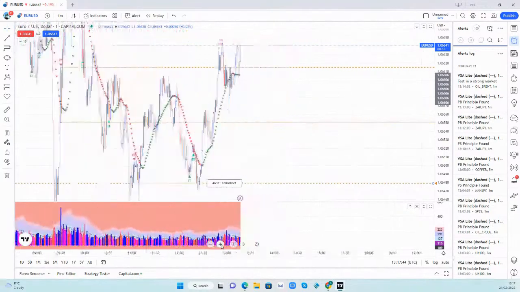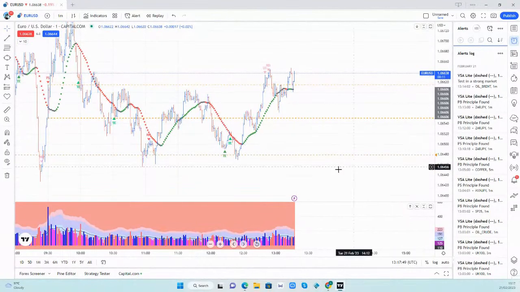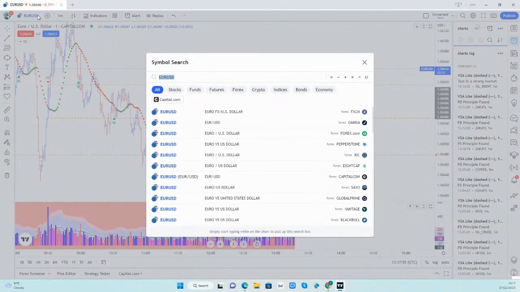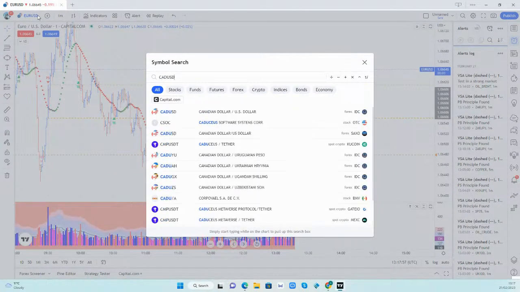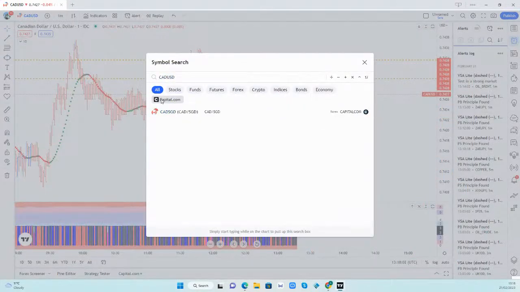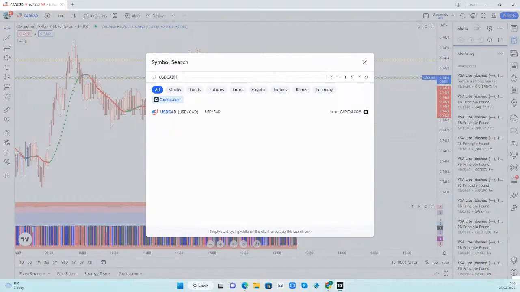You see, I'm not happy to go ahead and trade this short yet. So I'm going to be waiting and be patient. But let's have a look at the Canadian dollar against the USD. Oh, I can say USD CAD.